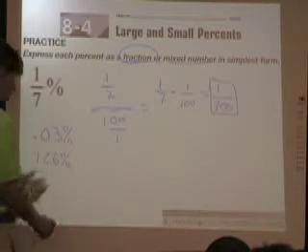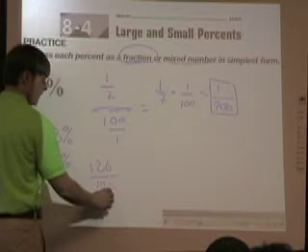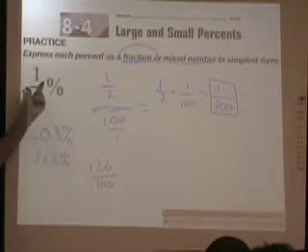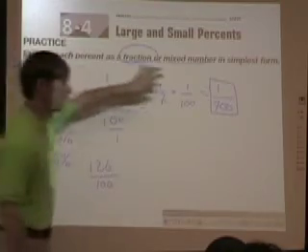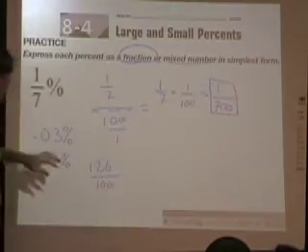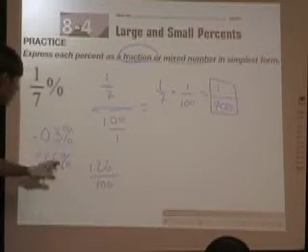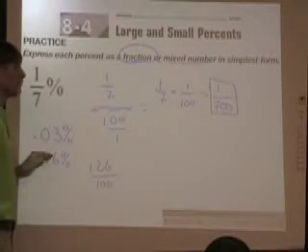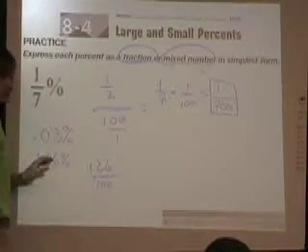We would take 126 and divide it by 100, wouldn't we? Just like here we divide by 100, just like here we divide by 100. The only difference is here you start with a fraction, end with a fraction, right? Here you start with a decimal, end with a decimal, right? Now here you're going to start with a big percent and end with a mixed number. Okay?